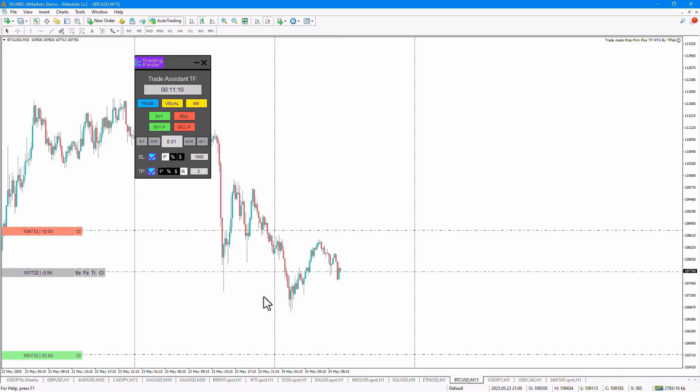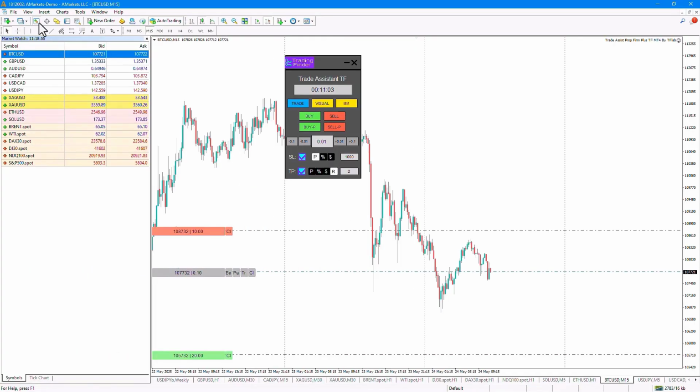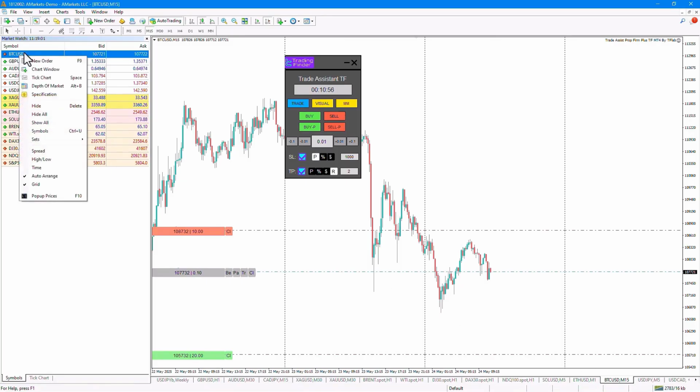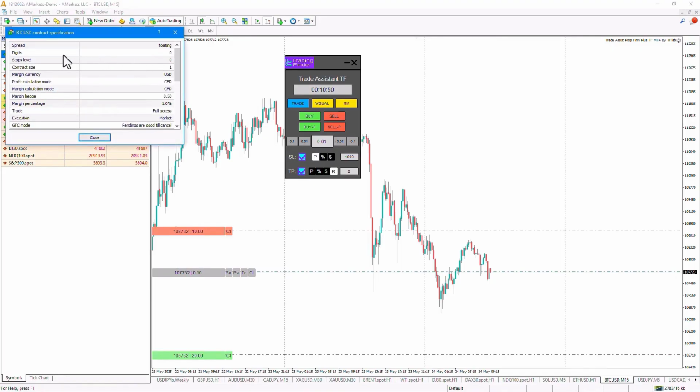The first point is the amount by which the price enters your profit zone, which should be above the stop level. You can see the stop level in the Market Watch section and for your selected symbol. Here I am on the BTC USDT symbol. By right-clicking on this section and selecting the specification option, you can view the stop level.